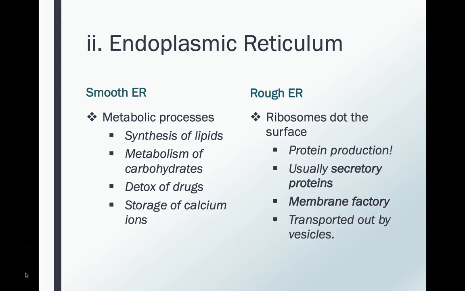The rough ER has a related but different purpose, and that is for protein production. We said that the rough ER has ribosomes all around the outside, and in those ribosomes we are producing proteins.